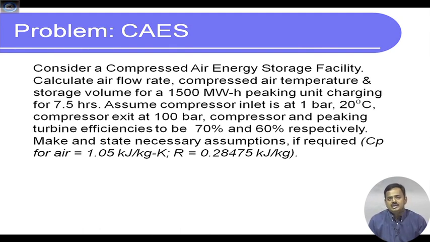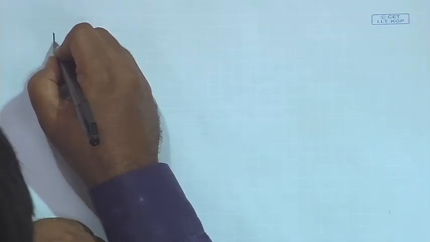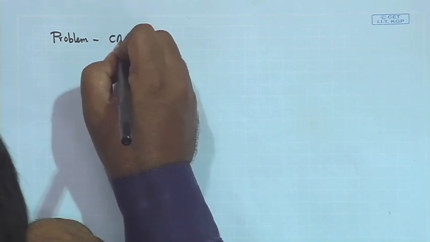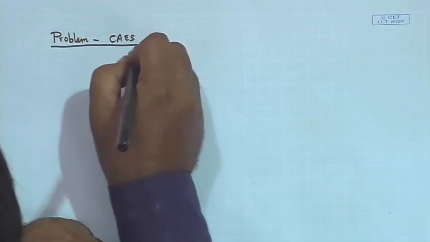If we are given this problem, how do we solve it? Let us remember what we did, and write down what all is given to us. The problem is on compressed air energy storage.